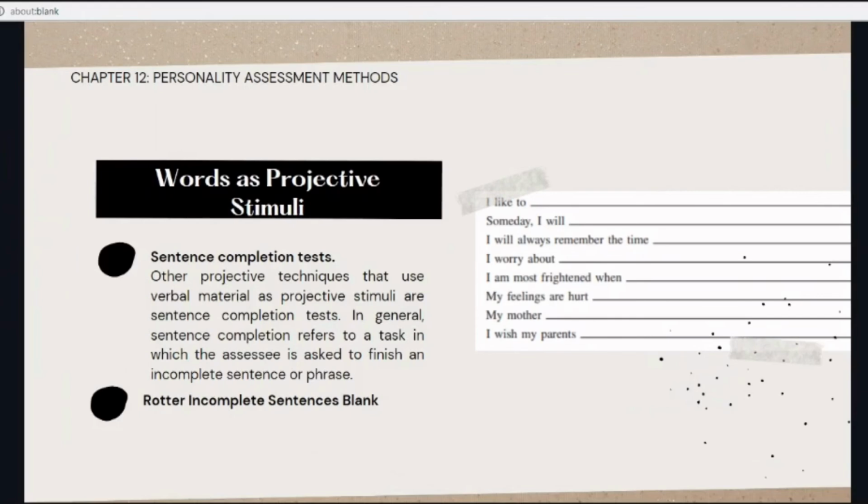Ingato na siya. Ingato ang sentence completion test. So Catriona completed the sentence na gihatag ni Boy Abunda ang first na mga words ato na sentence para i-complete ni Catriona.